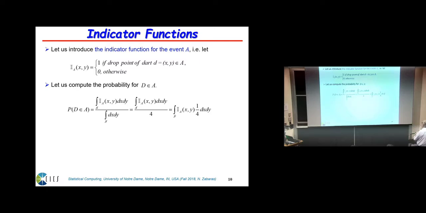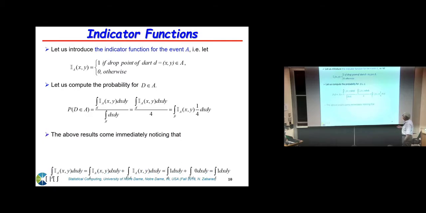Here, again, don't be bothered about whether this is a function of x and y or a random variable, times this probability that you told me is 1 over 4. So what is this integral? It is the expectation of this indicator function under this uniform probability 1 over 4.